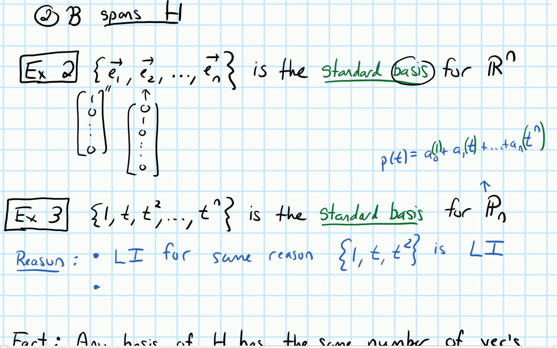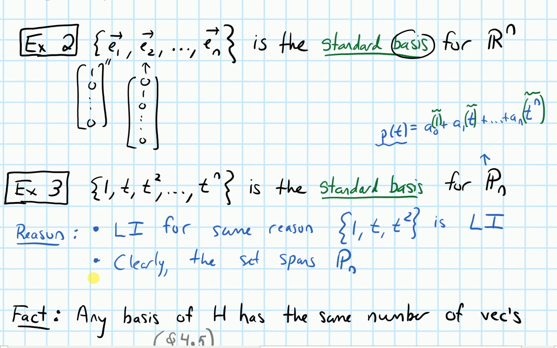So I have a linear combination of 1, t, t squared, all the way up until t to the n. That's what it means for these polynomials to span Pn. I can write any element of Pn as a linear combination of 1, t, all the way up until t to the n. So clearly, the set spans Pn.